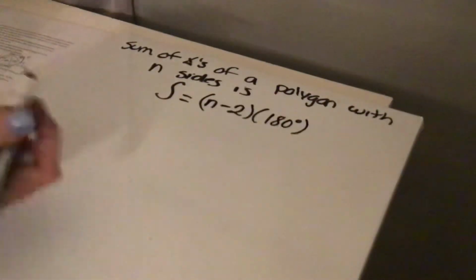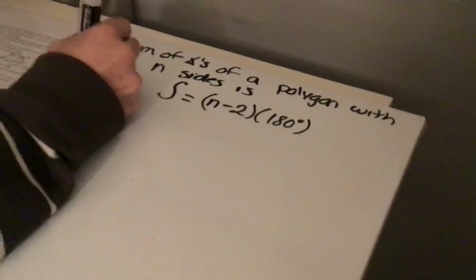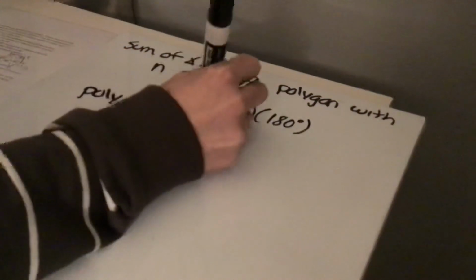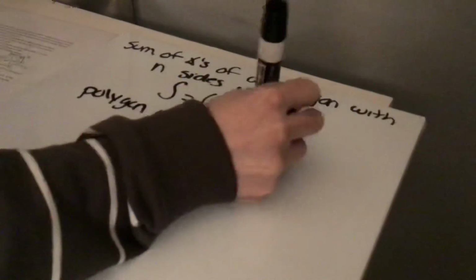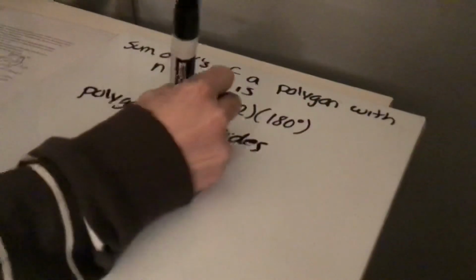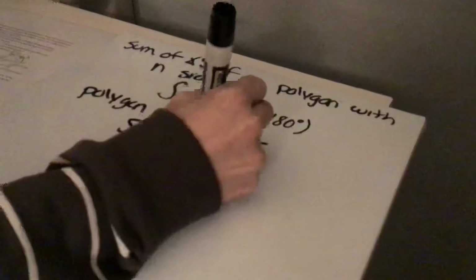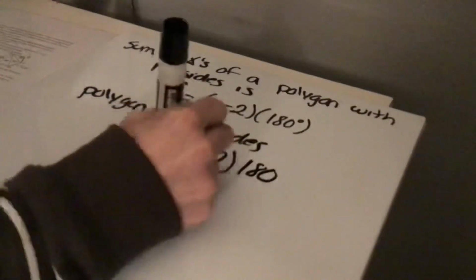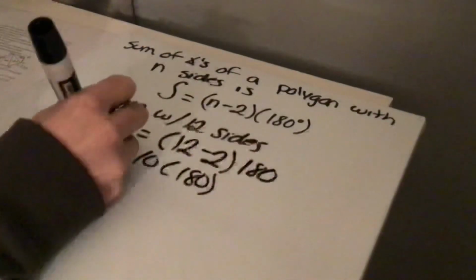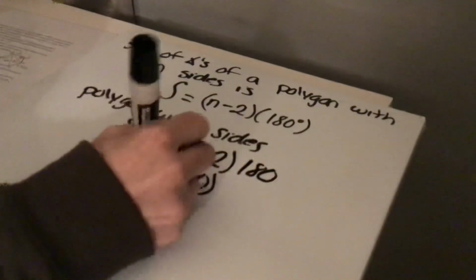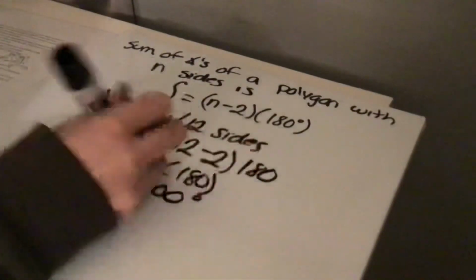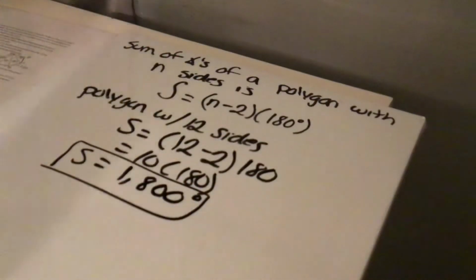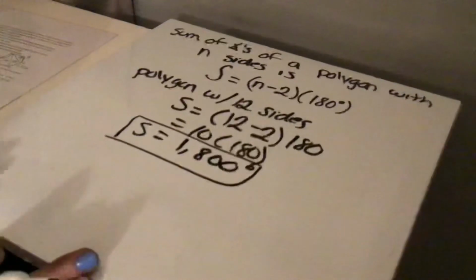Okay? So if a polygon has 12 sides, the sum of the angles is 12 minus 2 times 180. So the sum is 1,800 degrees for a 12-sided polygon. Okay? All right.